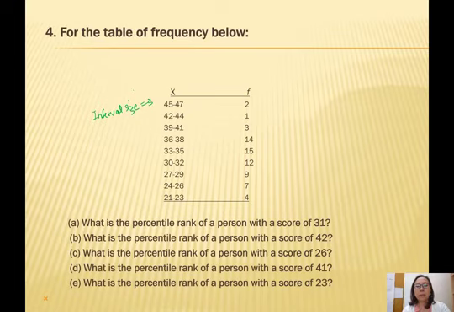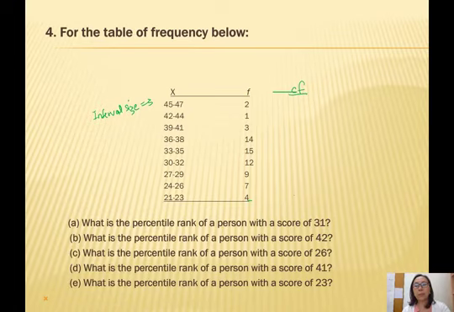Another thing that we need in order to calculate the percentile is the CF column. The CF column is to add the frequencies from the bottom to the top. So we need to create that table before we can plug the numbers into the formula for each of these 5 scores. Let's start the CF column.